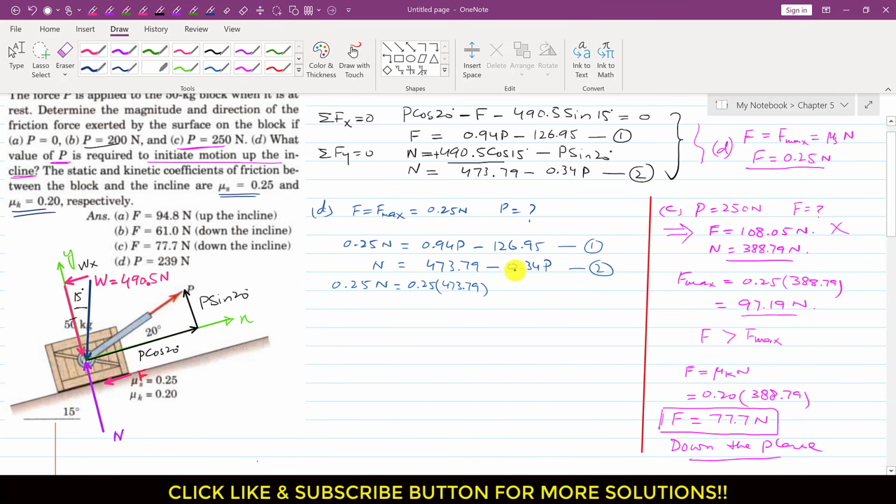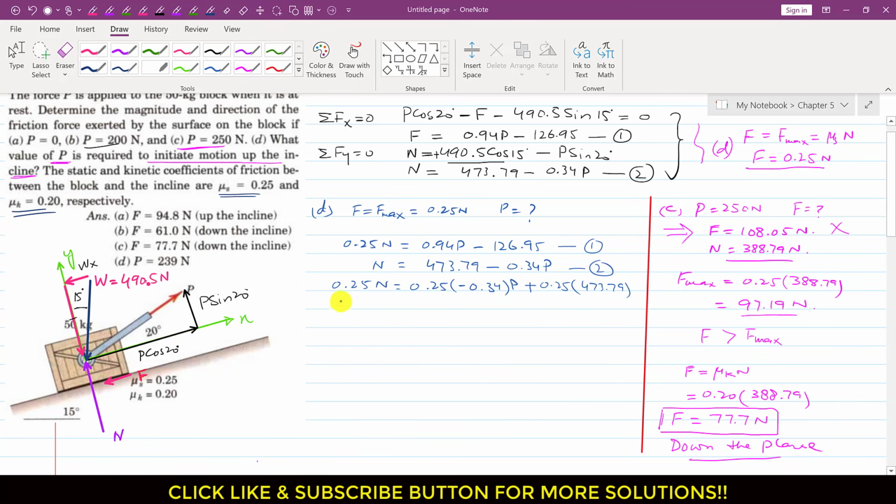And let me write this p term on this side, right? So this will be 0.25 into minus 0.34p, and this will be plus 0.25 into 473.79.